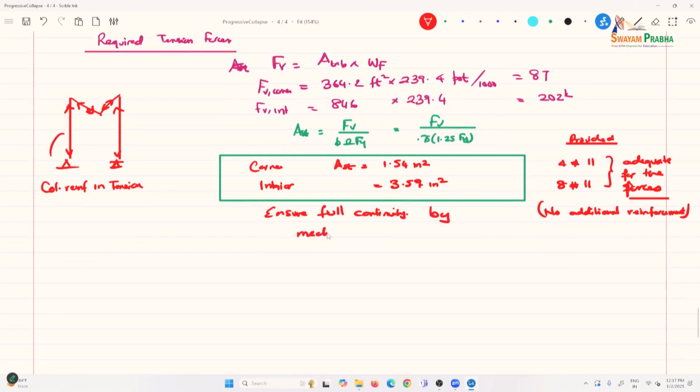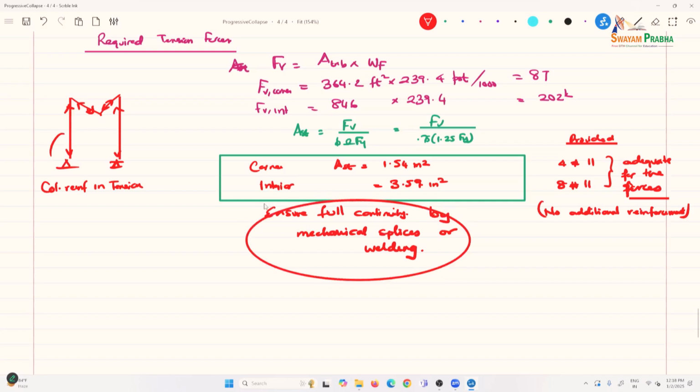Things you might have to do here are mechanical splices, or if you provide additional reinforcement, you provide it. Using regular reinforcement, you can leave it. Additional reinforcement you can provide this way, whichever you decide.